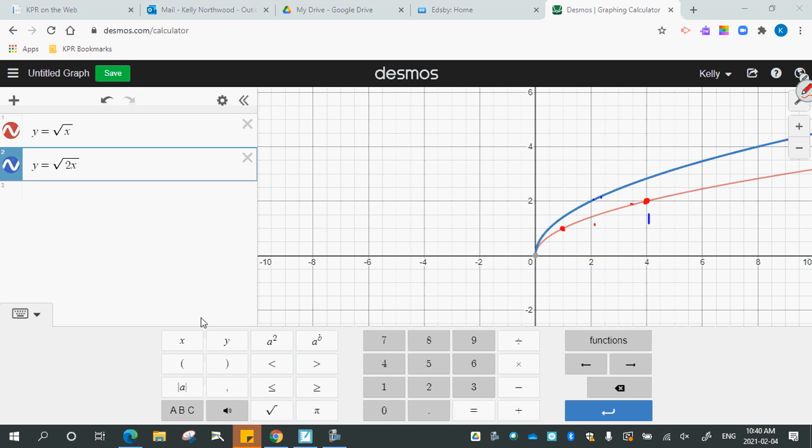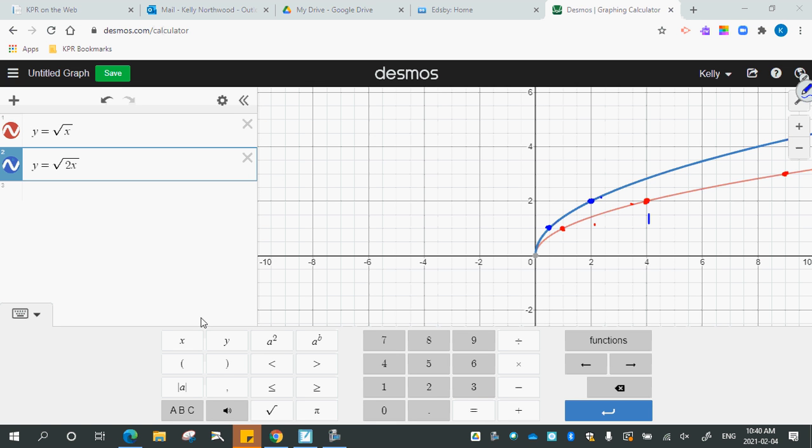Over 1, 2, 3, 4, 5, up 1. So instead we're going to go over 1/2, which is 1 square, up 1. Over 1.5, which is going to be 3 squares, up 1.